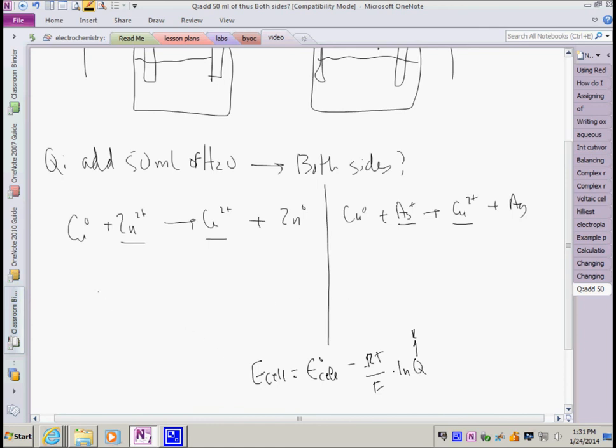So for this one, my Q would be equal to the concentration of my products over my reactants. In this case, my product is going to be the copper 2 plus ion, and then this guy is the concentration of my zinc 2 plus ion.